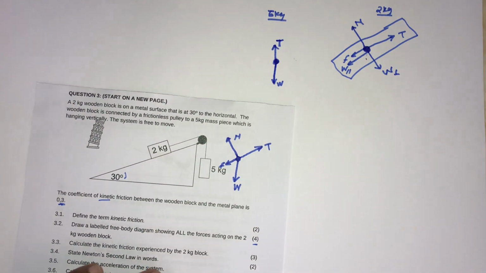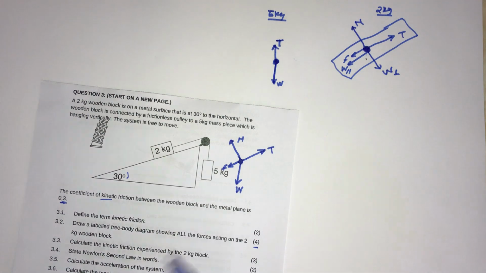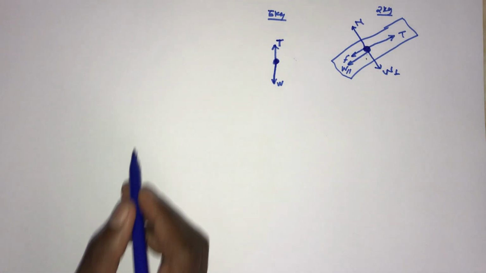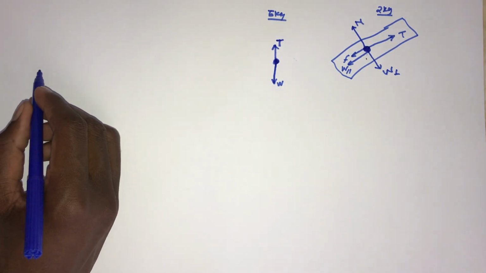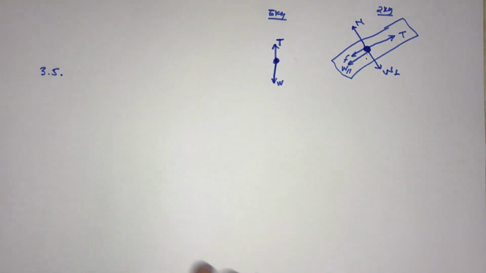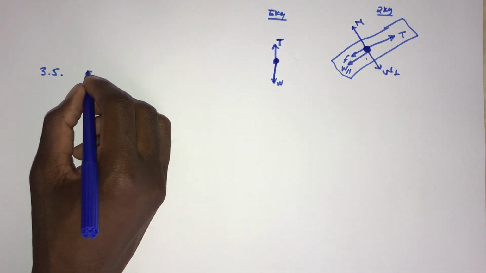This is the weight of an object. That means on a 5 kg block, there are only two forces acting on that object. So now that means this is our net force according to the free body diagram. Now let's move. This one is 3.5. We apply Newton's second law in both objects. So we start from, let's say we start from the 5 kg block.